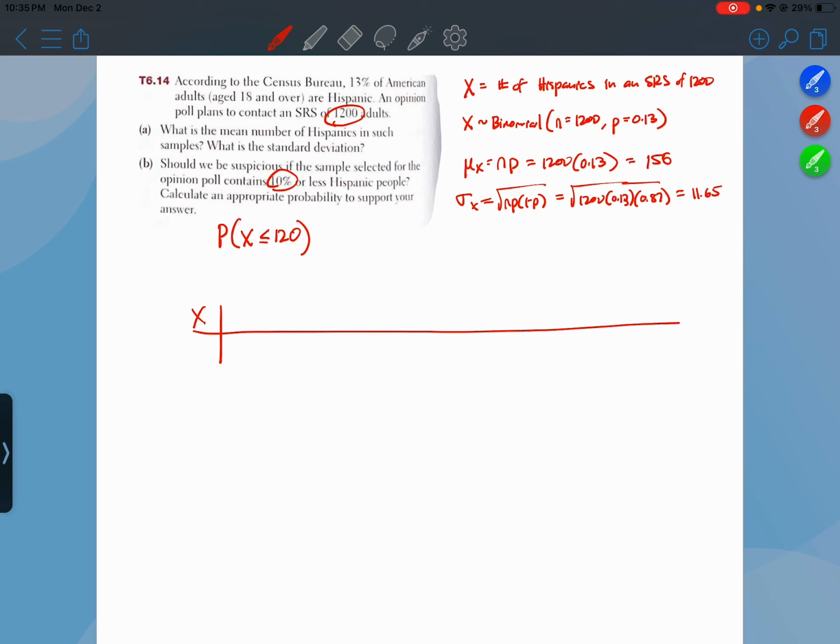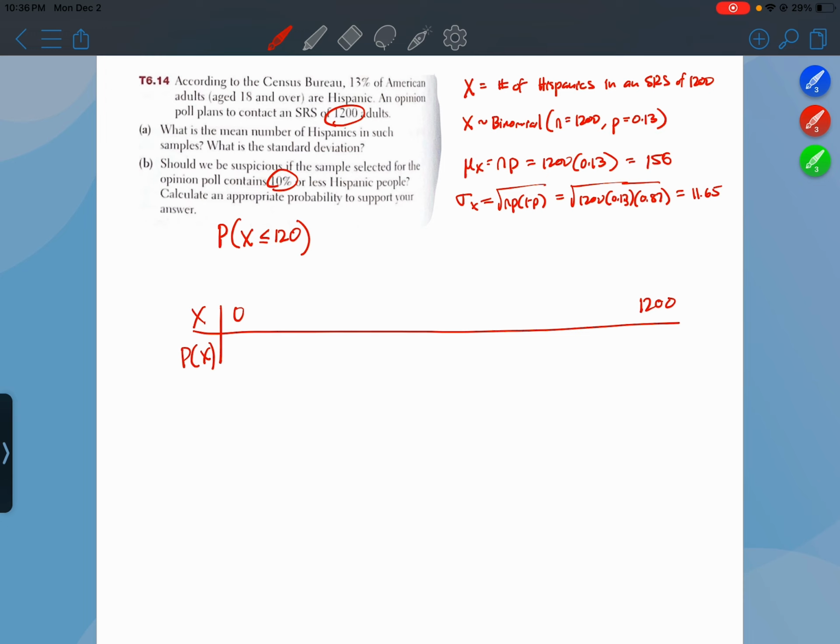So our variable is X, number of Hispanics, and then P of x will be the probability. Remember, we said earlier that the minimum number of Hispanics, although it's not likely, is 0, there might not be any Hispanics in our sample. The maximum value is 1,200.